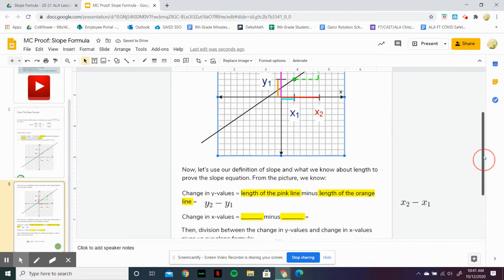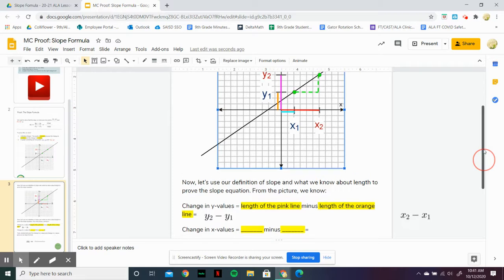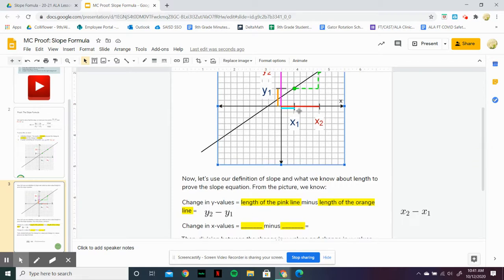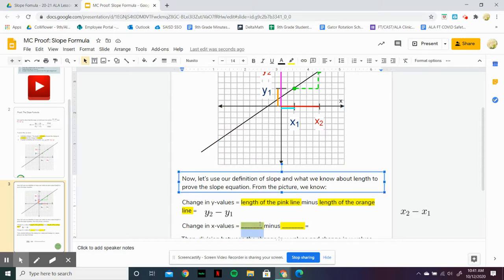And the same goes for the change in x values. We know that the change in the x values would be this distance between the two. So that would be the length of the red line minus the length of the blue line.